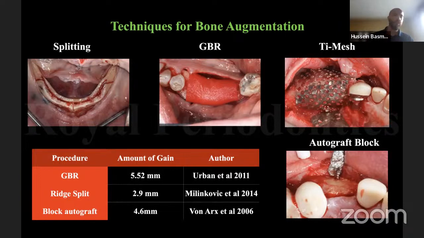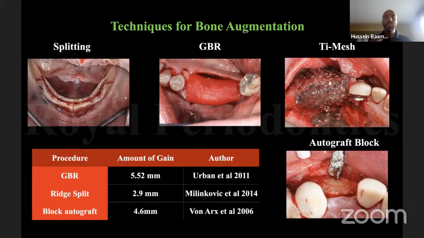If we look at the studies and do a small literature review, GBR has shown a horizontal bone gain of around 5.5 millimeters. Ridge split, which is not for every single case, is around 2.9, and block allograft or autogenous graft is around 4.6 millimeters.